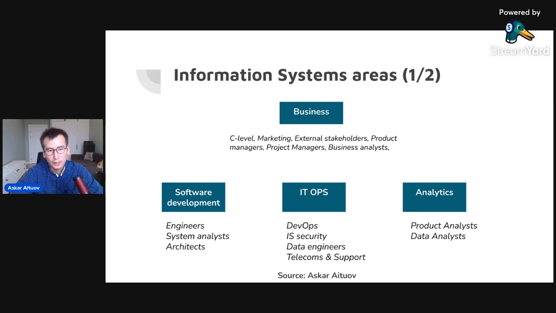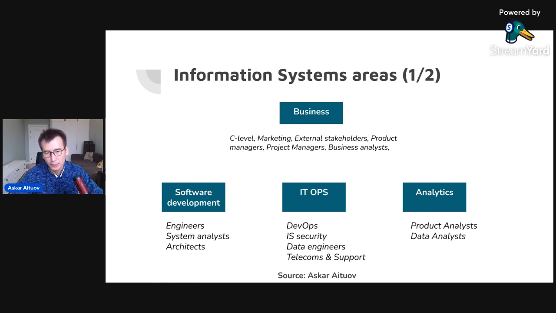You can do IT operations, which is maintaining existing software and hardware and ensuring there is no downtime, availability is high, and other metrics which exist in the industry. We will look at these metrics and the quality assessment within this course. You can do DevOps, security, data engineering, or you can be a support engineer if you wish.